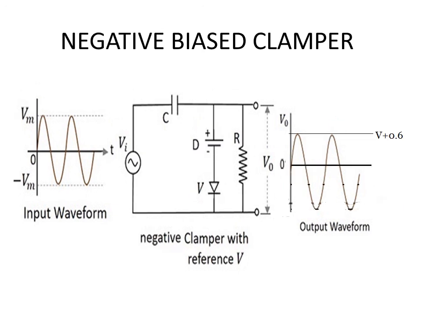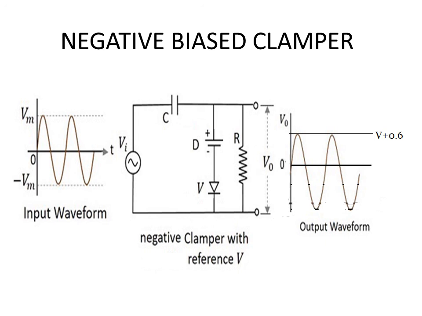Now similarly, you just have to connect for the negative biased clamper. All you have to do is connect a battery in this circuit like this. Just like the way in which we explained the working of the unbiased clamper, you just have to add this battery and specify that the clamping will be taking place at V plus 0.6 voltage.